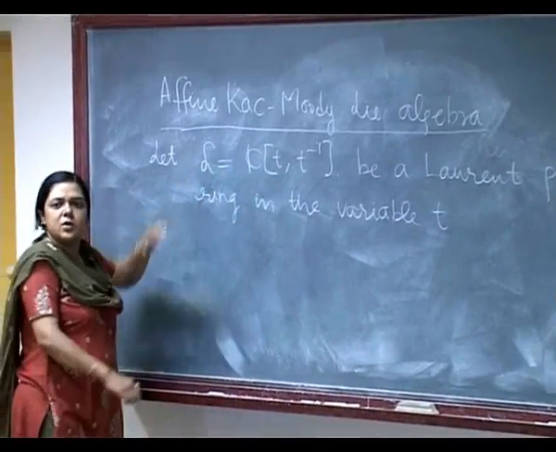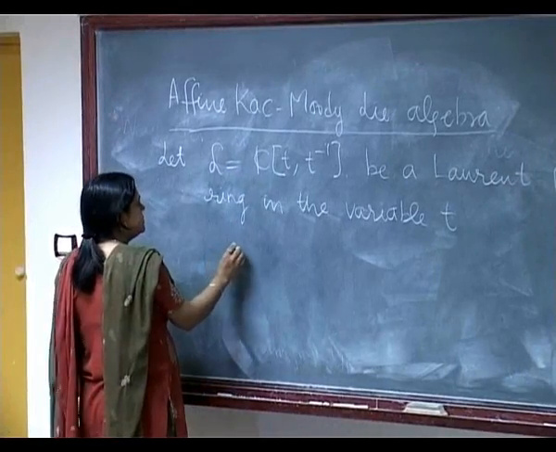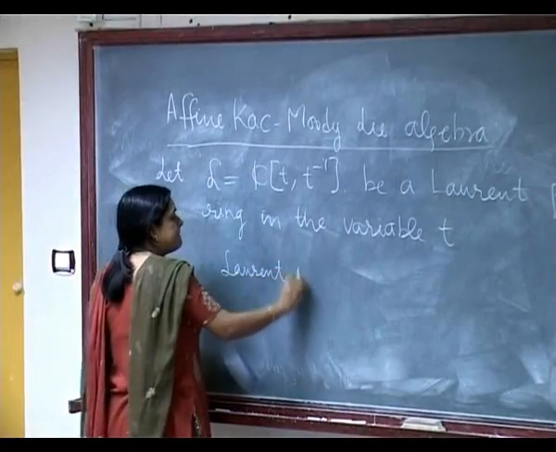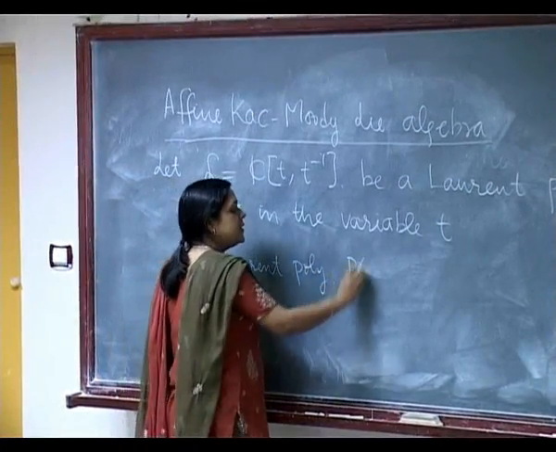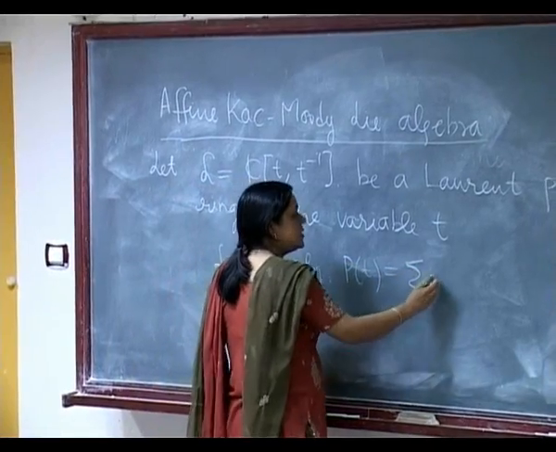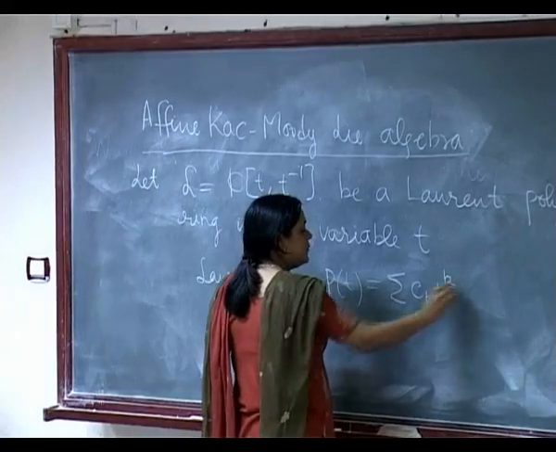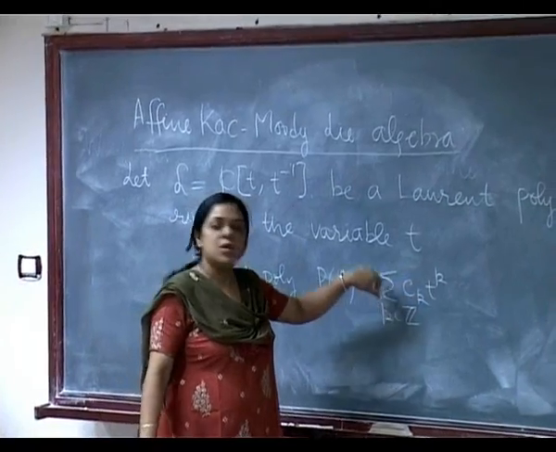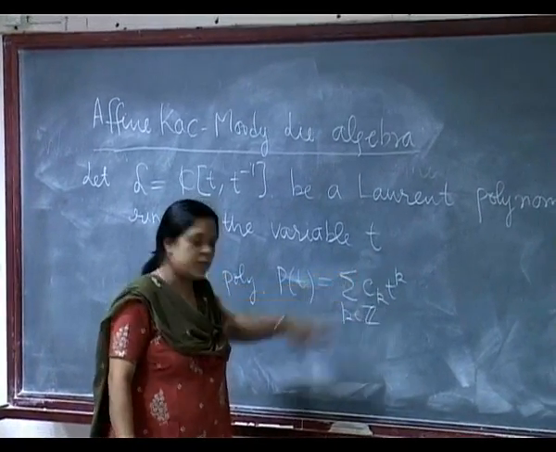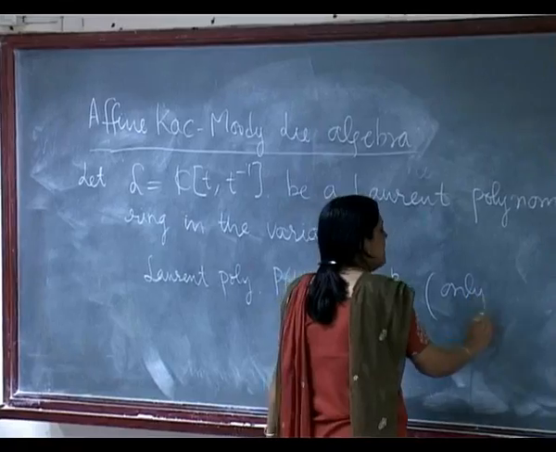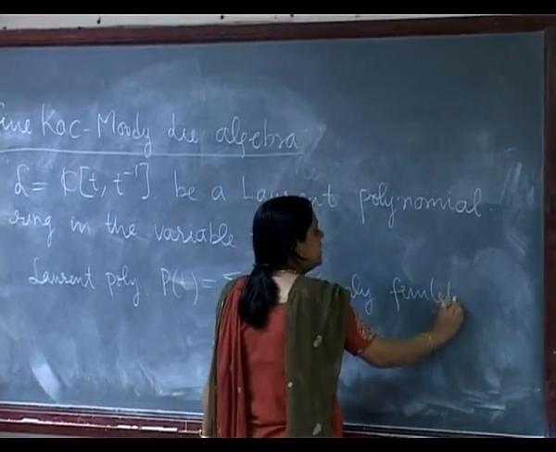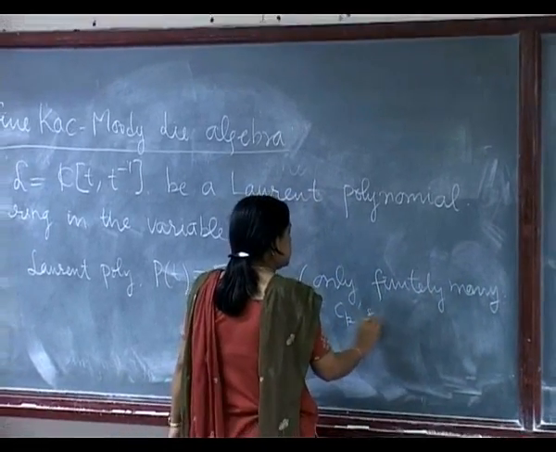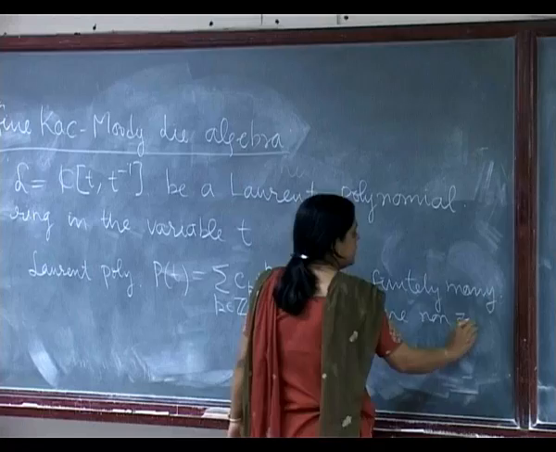What are the Laurent polynomials? A Laurent polynomial P(t) is the summation of Ck t raised to power k, k belongs to Z, and only finitely many of these Ck's are non-zero.